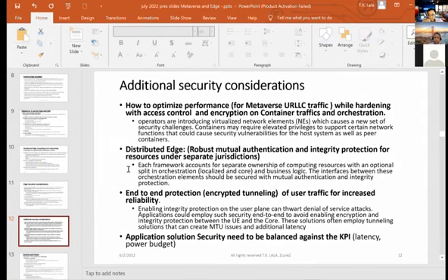some of the additional security considerations are extremely important in the metaverse context. How do you optimize the performance in the metaverse world while you're hardening the access control and encryption? Because every one of these security measures, like it or not, has some price associated with it. These are primarily latency prices.